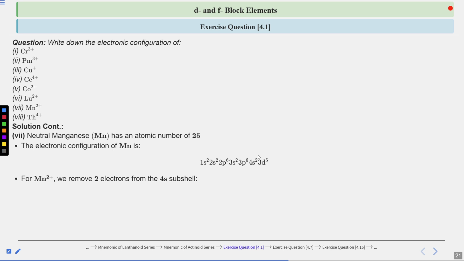So we have to remove the outermost subshell electrons, that is from the 4s. So Mn2 positive will become 1s2, 2s2, 2p6, 3s2, 3p6, 3d5. 2 electrons will be removed from the 4s subshell. Or you can write the configuration of Mn2 positive as argon 18, 3d5.